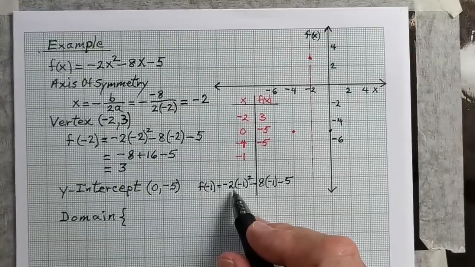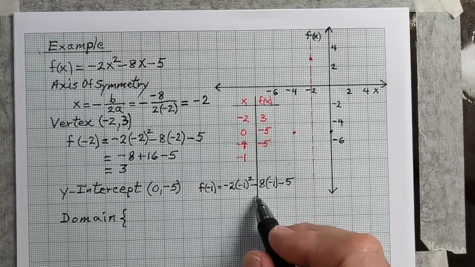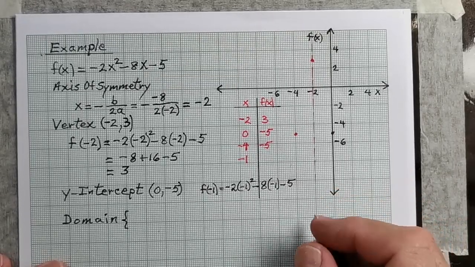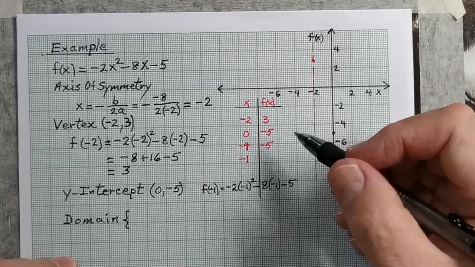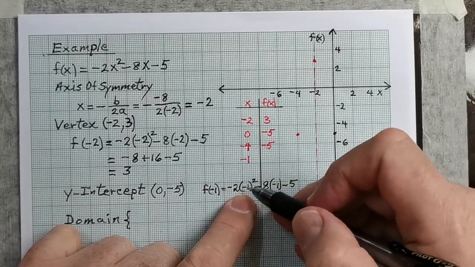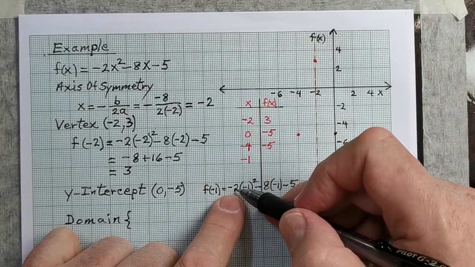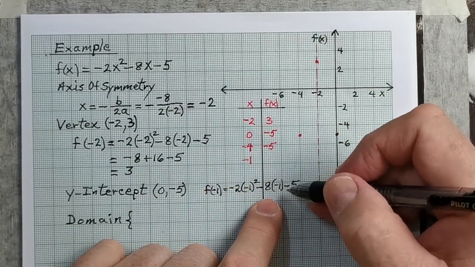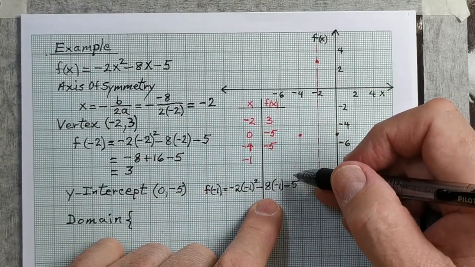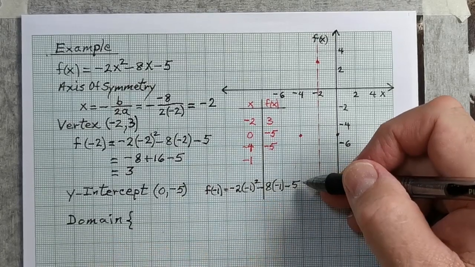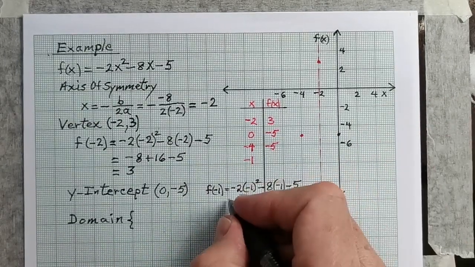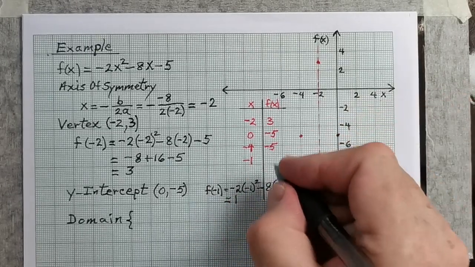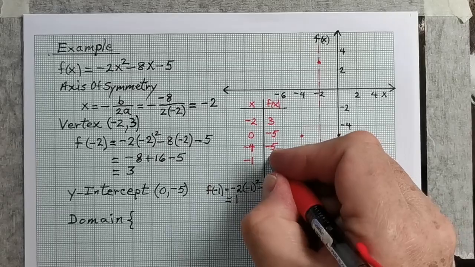So this is negative 2, and then minus a minus means plus, so plus 8, which is 6. Take away 5 is 1. So we should get out 1. Again, negative 1 squared is positive 1, times negative 2 is negative 2, and then plus 8 is 6, and then 6 take away 5 is 1. F of negative 1 equals 1.